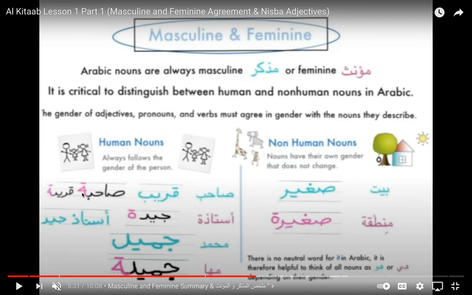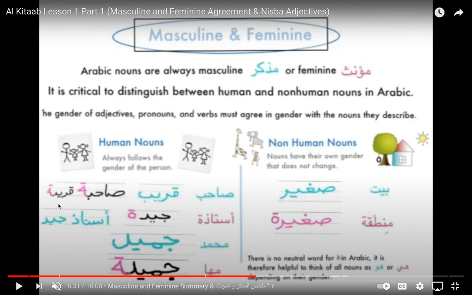Meaning it's a closed ta that we put at the end of a word. You should have learned this kind of ta in your previous class or in middle school, if you had Arabic in middle school. قريبة is an adjective. So we added to قريب another ta marbuta. Why? Because the adjective in Arabic follows the noun in gender and in number. So singular, singular. Feminine, feminine.